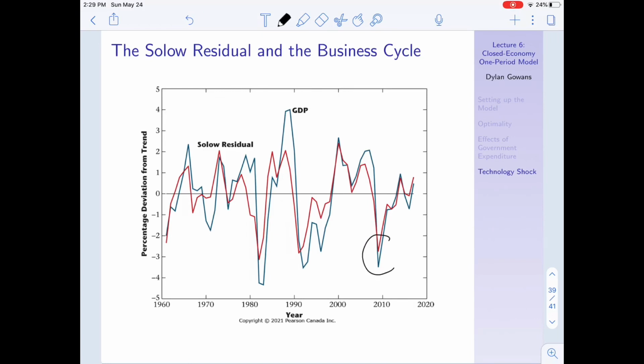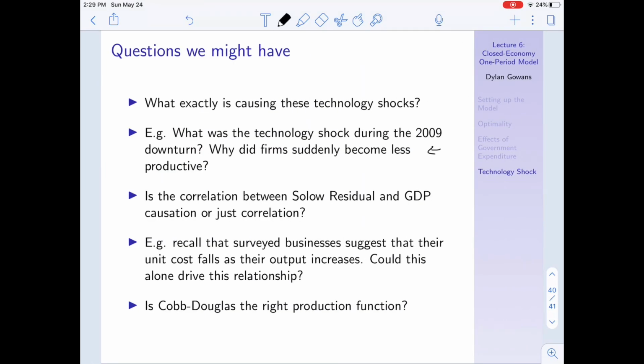Here's 2009, the Great Recession. We have this huge drop in GDP relative to trend and also a huge drop in the Solow residual, so in technology. So we might ask, what was the technology shock that caused the 2009 downturn? Why was it that firms in aggregate suddenly became less productive? And is that a good explanation for what happened?